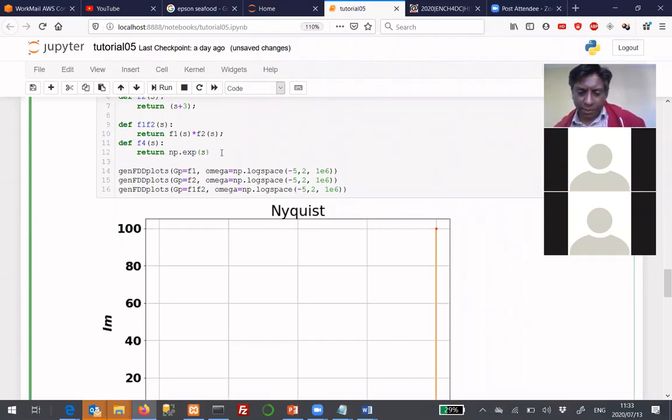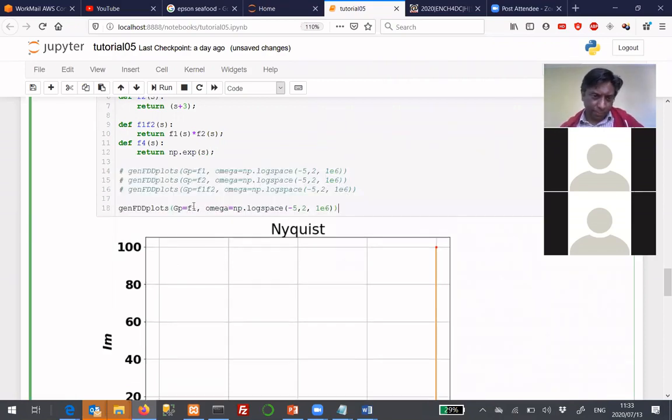Let's just do this as a new call. F4, we can play around with the frequencies a bit, but let's just see what this gives us.